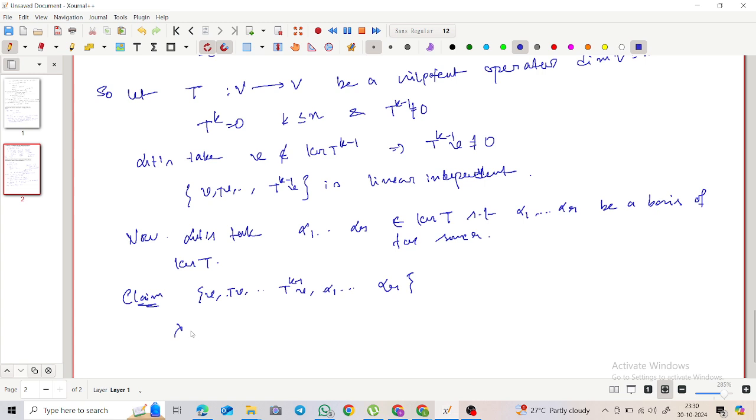So if you take, say, lambda 1 V plus lambda 2 TV and so on, up to lambda k T^(k-1)V, and lambda k plus 1, oh maybe say take c1 to ck, c1 alpha 1 up to cr alpha r such that this is 0.